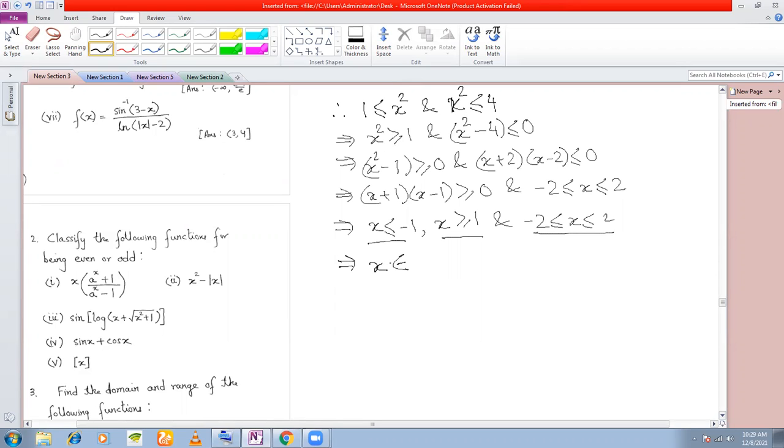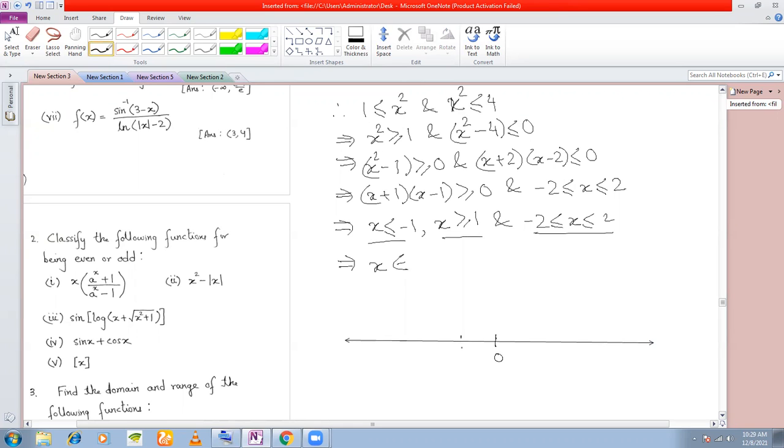Let's see how to combine. X less than or equal to -1, so x can take any value less than or equal to -1. X greater than or equal to 1, any value greater than 1 inclusive of 1. And x also lies between -2 and 2. For clarity, we can also check this on the number line. Yes, sir.